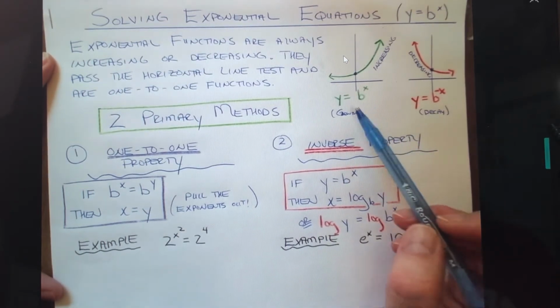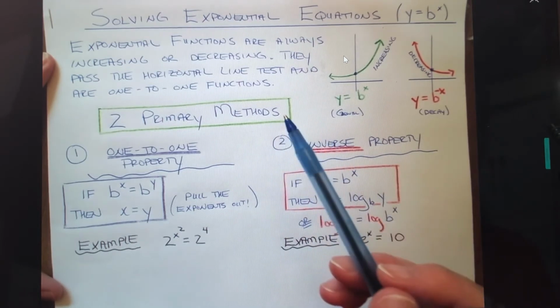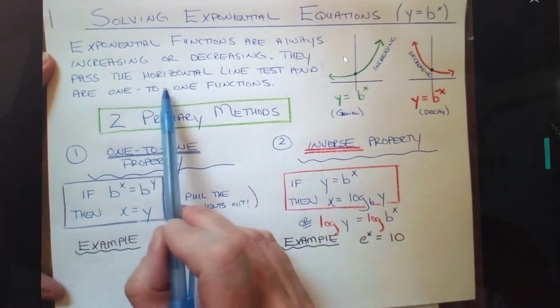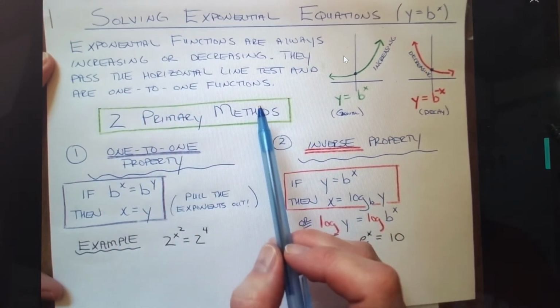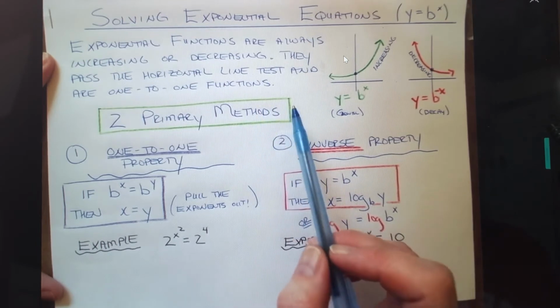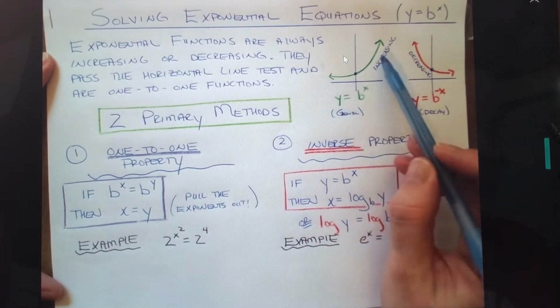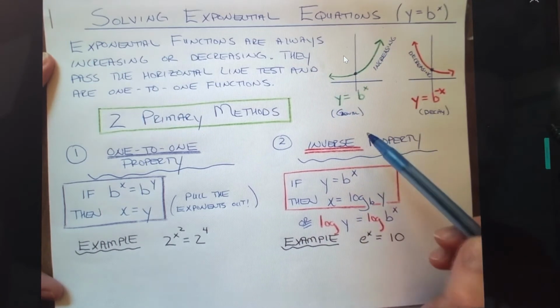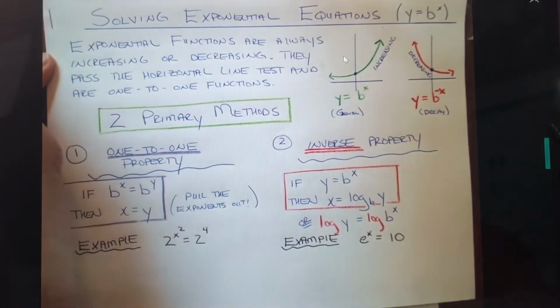There are two primary methods for solving exponential equations, and they're rooted in the following things. Number one, exponentials pass the horizontal line test. That means it's a one-to-one function. The other thing, if you've watched previous videos, is remembering that the exponential function and the log function are inverse functions of each other.